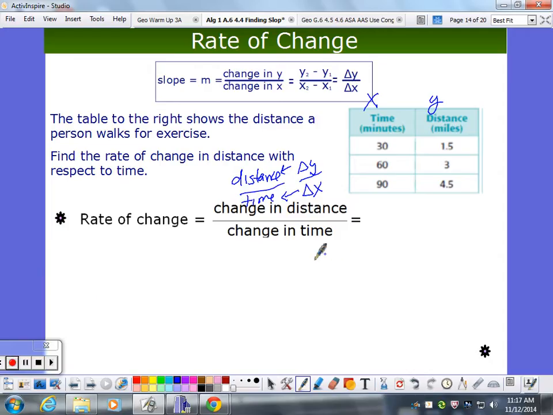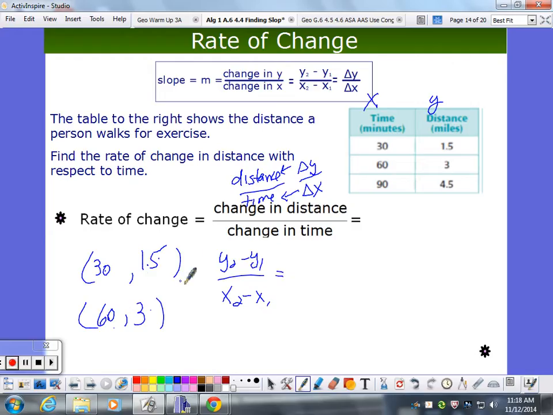The secret here: come up with 2 points and then just use slope. What are 2 points I can come up with here? Making sure this is time and this is distance, because that's the x, that's the y. Now it's just slope: y2 minus y1 over x2 minus x1.